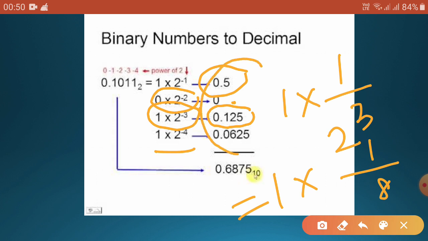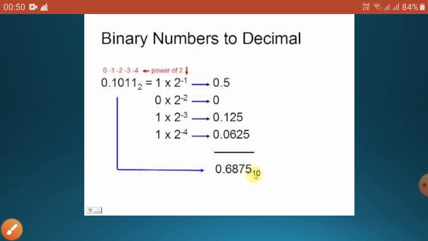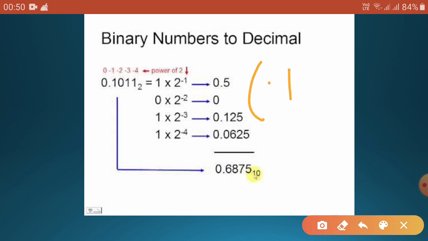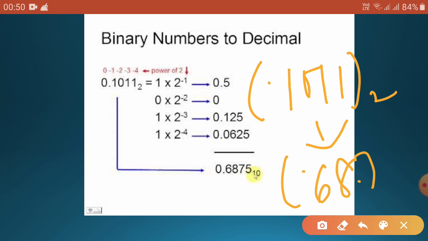If we add those values, it gives us the result 0.6875 in decimal. So if the number is .1011 in binary, it gives us 0.6875 in decimal. I think it is clear to you.